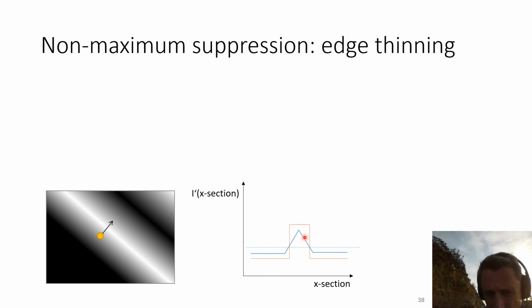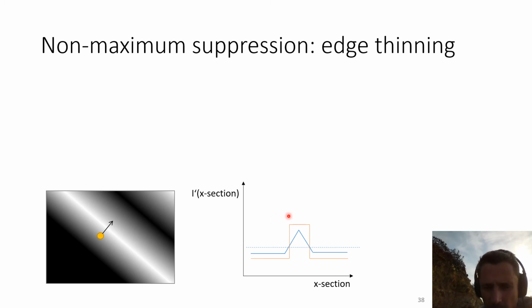If we binarize that, using a threshold like this dotted line here, we would obtain a pretty thick edge with many pixels in width. And our task now is to thin this, right? So to just have 1 pixel remain, because that's enough to describe the edge.